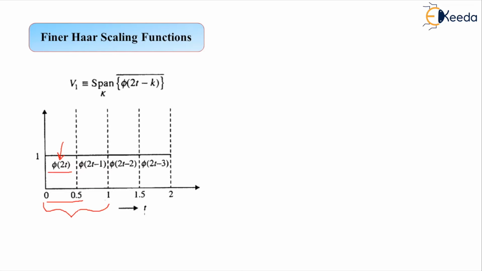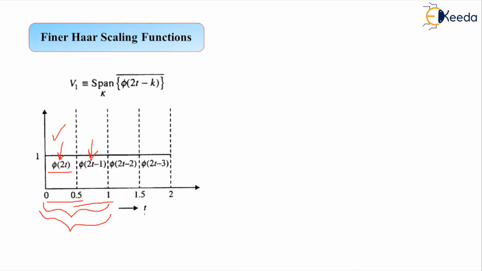So here we have the span 0 to 0.5. For the original scaling function defined for 0 to 1, we are making two parts: 0 to 0.5 that can be denoted by phi of 2t, and then from 0.5 onwards up to 1 that we can denote by phi of 2t minus 1.